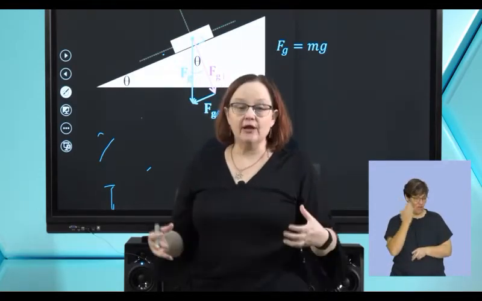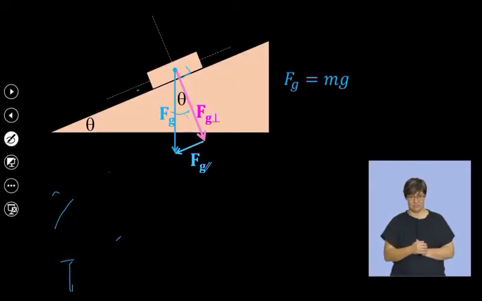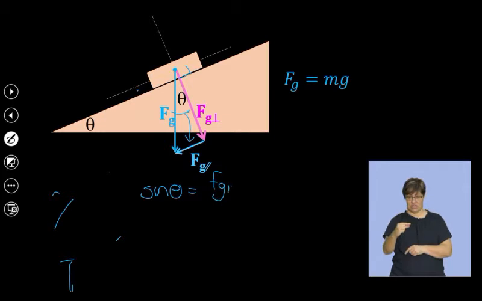So just like we did with the last ones, we're going to look at it in terms of trig. The parallel force is opposite theta, so we're going to use sine. So sine theta is Fg parallel over Fg.